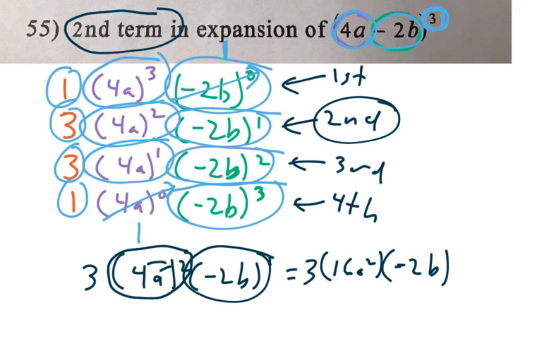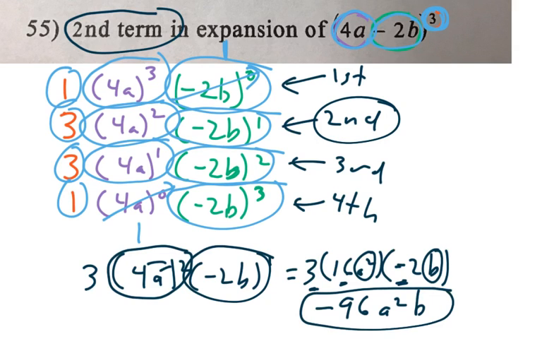I'm going to multiply my 3, 16, and -2 together and get -96. And I have a^2, and I have a b, and that is my second term for problem 55. Pause the video one last time, guys.